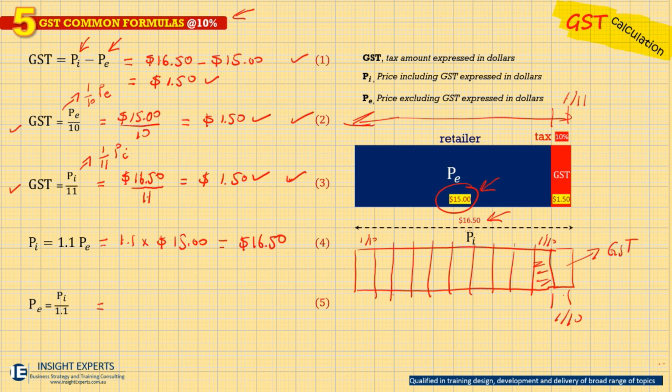Now, and vice versa, if I want to calculate the price excluding GST, and I have the price including GST, all what I have to do is simply divide it by 1.1. So in our example here, we have PI equals to $16.50. We divide it by 1.1, and that is equal to $15.